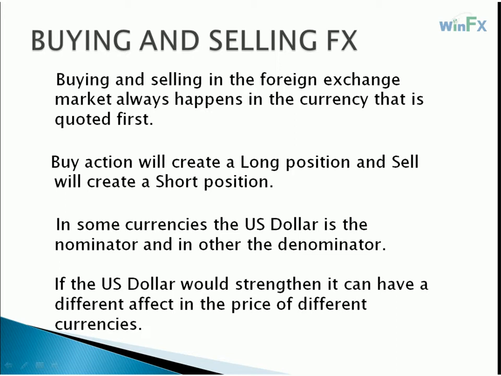Now, Euro USD will be 1.2900, which is down, and USD CHF will be 1.6700, which is up. The two important terms to remember are rise and correction. Rise means upward price movement and correction means downward price movement.